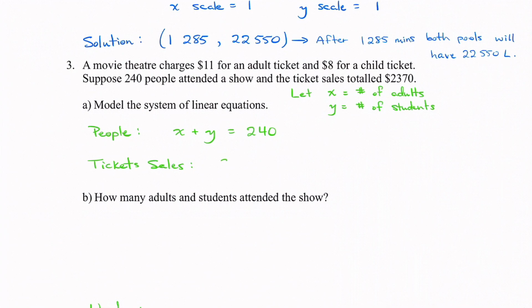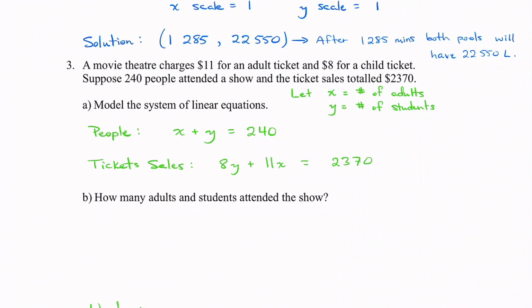So I'm going to go $8 times the number of child tickets, so that was Y, plus we also have our adult tickets, so that is $11 times however many adults we have, so X. And when I add up all of that money that I just made, it has to add to $2,370. So that is my second equation.